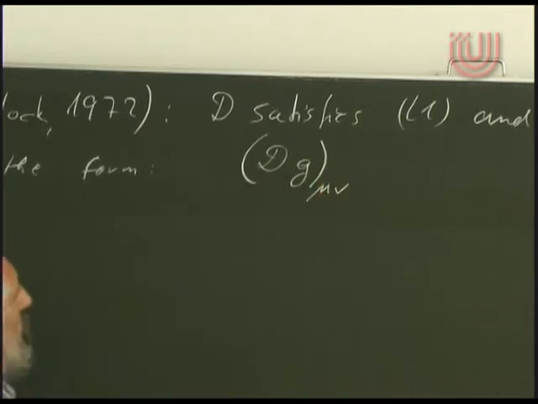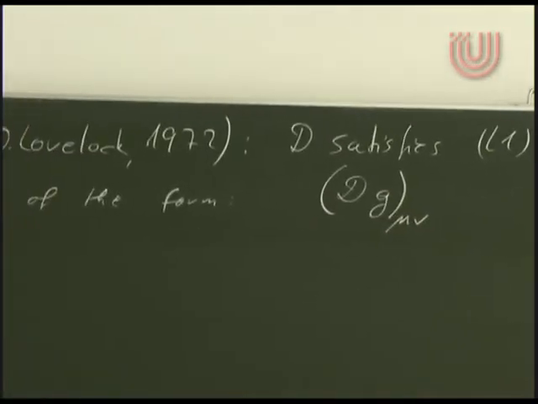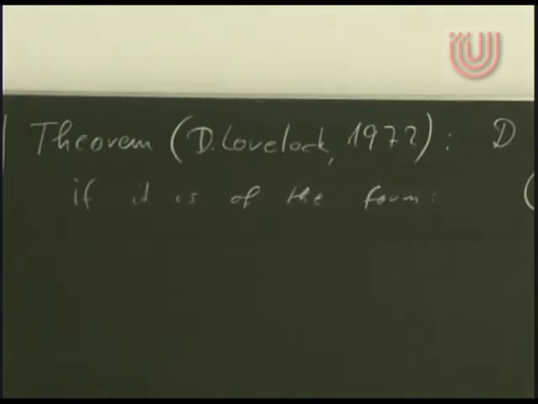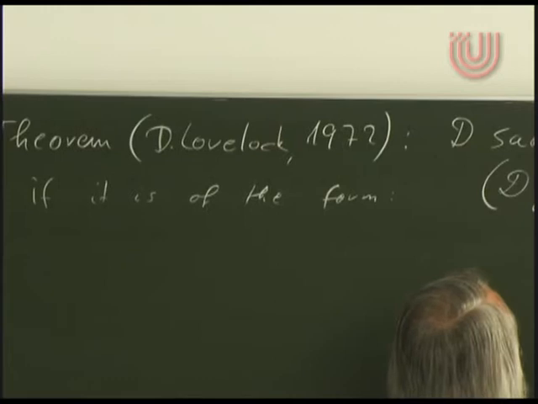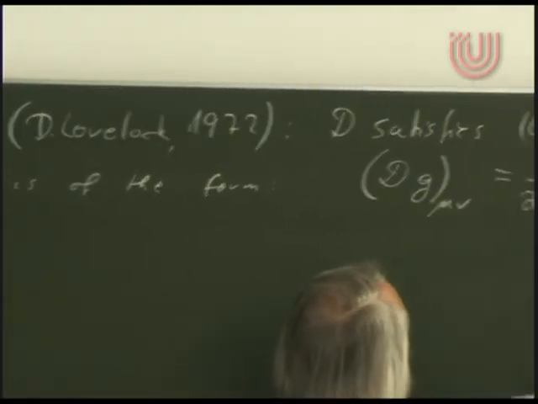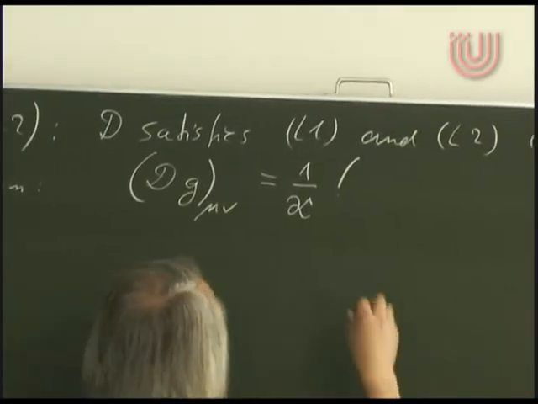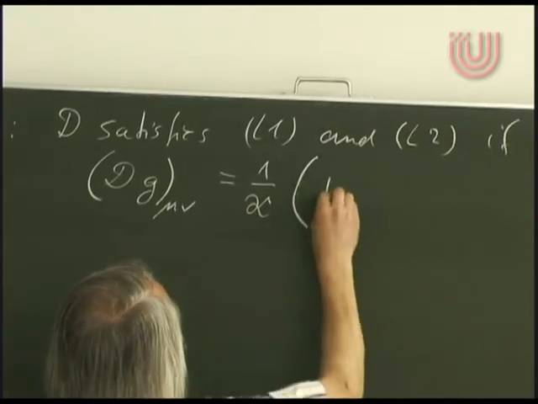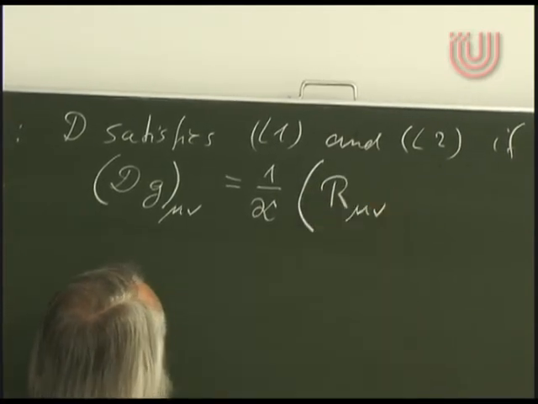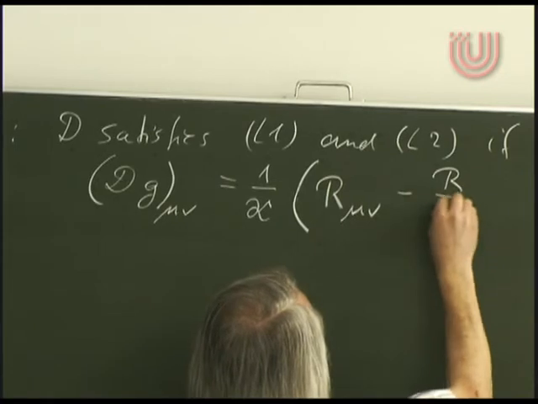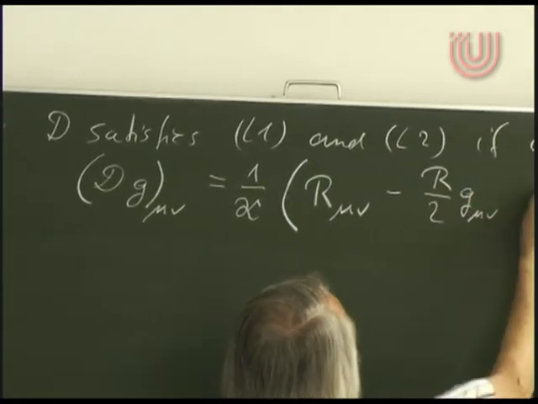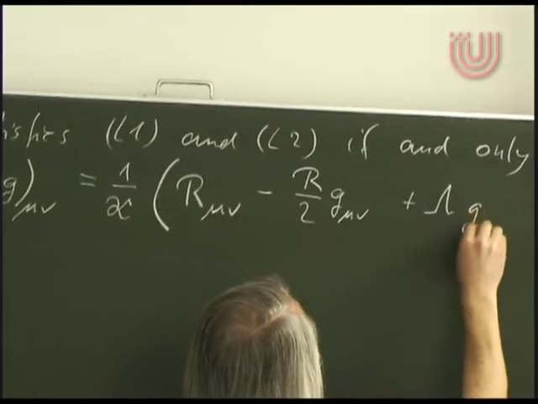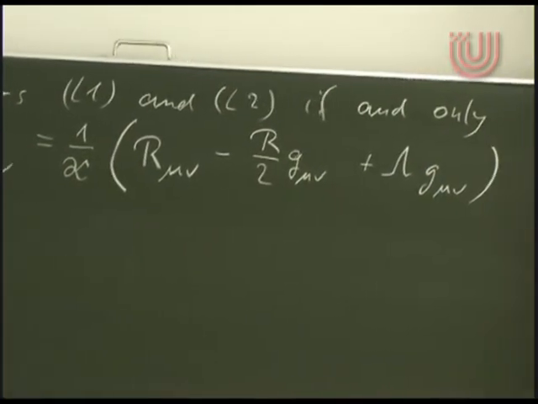It's a tensor field of second rank. So the components of this are something like (D g) with indices mu nu. And the claim is it must be this here. There's a constant, which is traditionally called 1 over kappa. Then I have R mu nu, that's the Ricci tensor, minus R over 2, R is the Ricci scalar, g mu nu, plus lambda g mu nu.